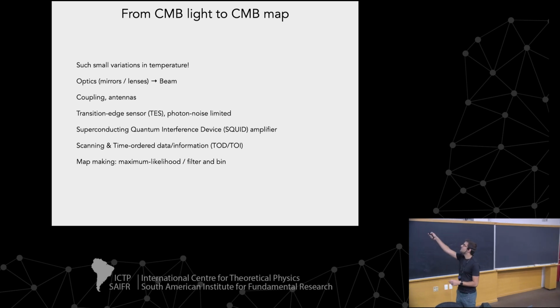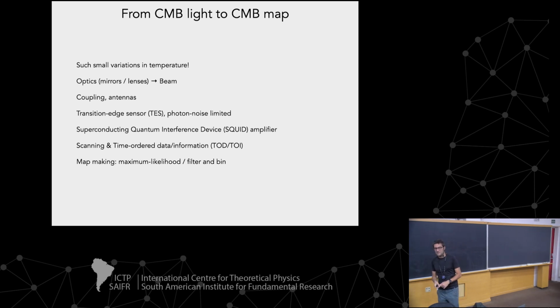The reason for these two choices has to do with several factors. One of them is beam. Beam is the term used in radio transmissions or radio astronomy for basically the resolution of your experiment. In optical astronomy, this is what we call the point spread function. If I take a point source in the sky, how big will it look on my focal plane? That's a measurement of the beam.